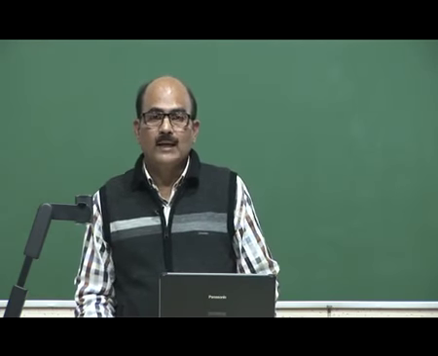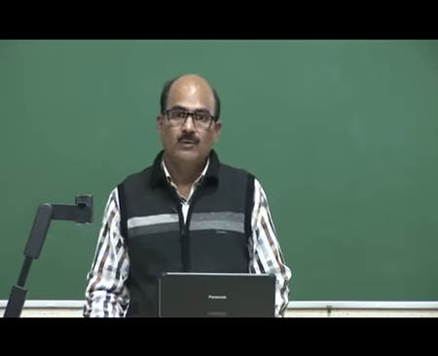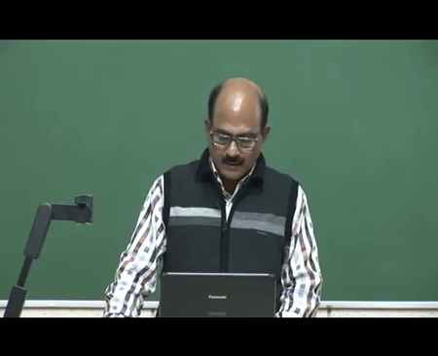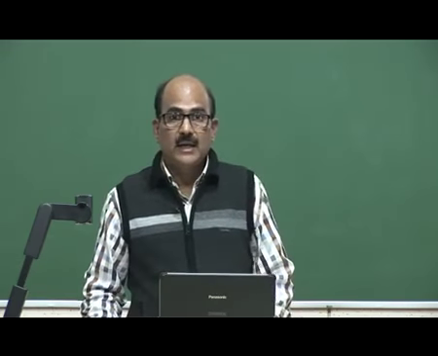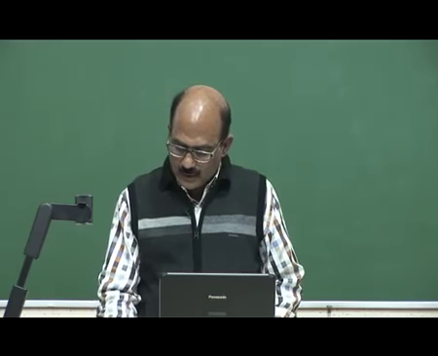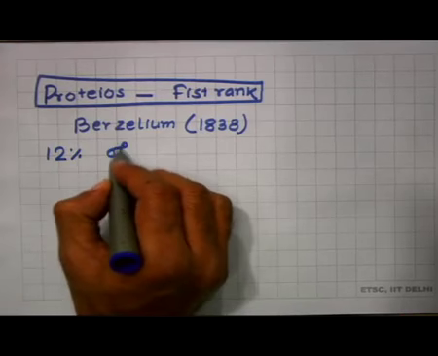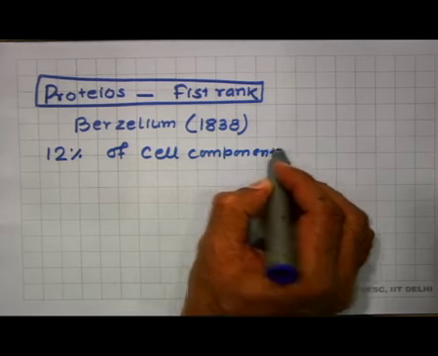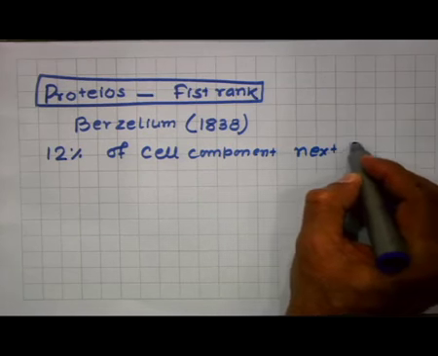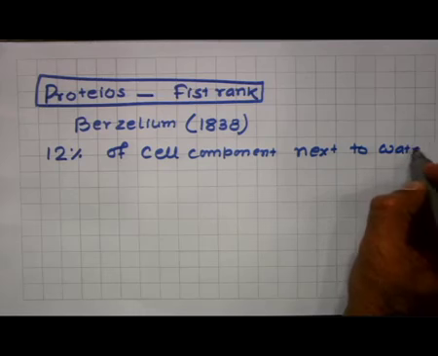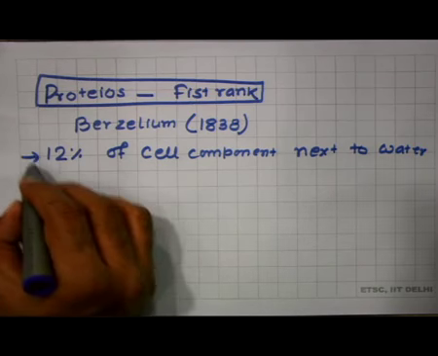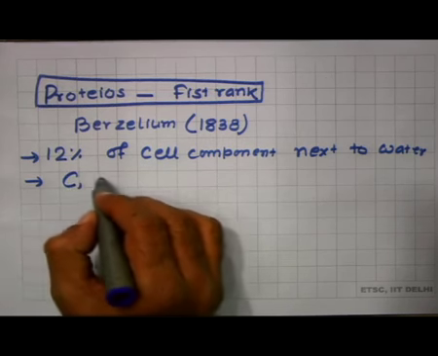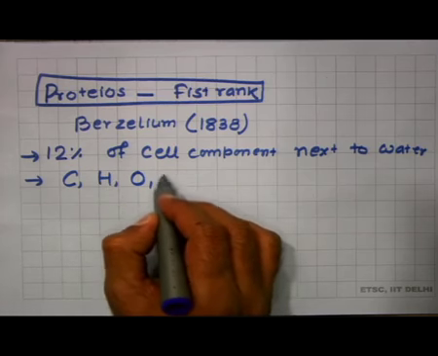You know, the water molecule is present in abundant amount in the protoplasm. Next to the water, the protein present in our cell is about 12% of cell components. Proteins are the biomolecules which are made by carbon, hydrogen, oxygen and nitrogen.